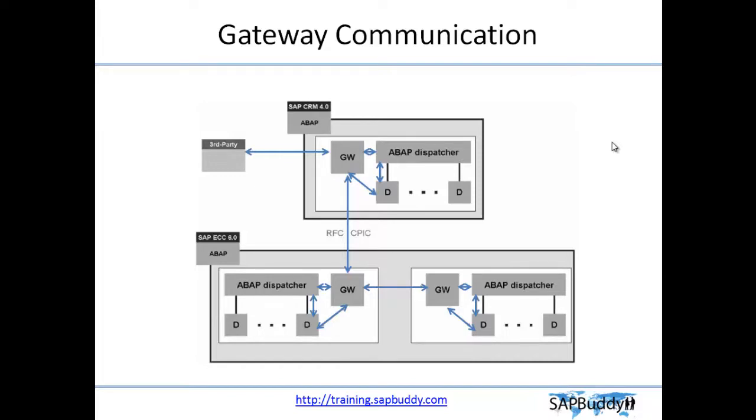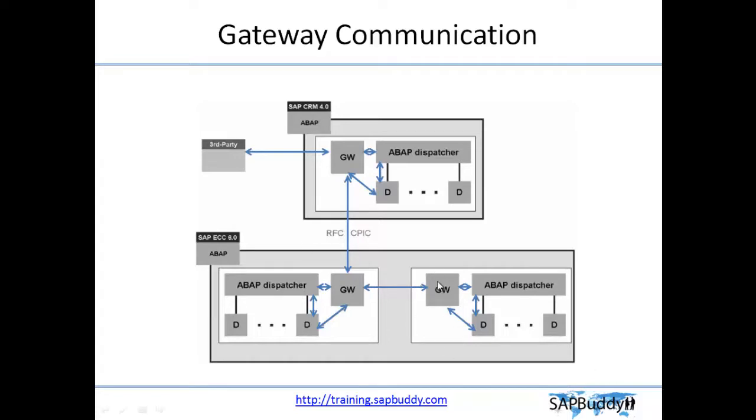In normal installations, if it is a very small installation, we don't configure the gateways, so you don't really recognize that the gateway is being used in your landscape and how it is being used. By default, the gateway is already present in your SAP instance. You will also find a gateway with a name ending with the instance number.